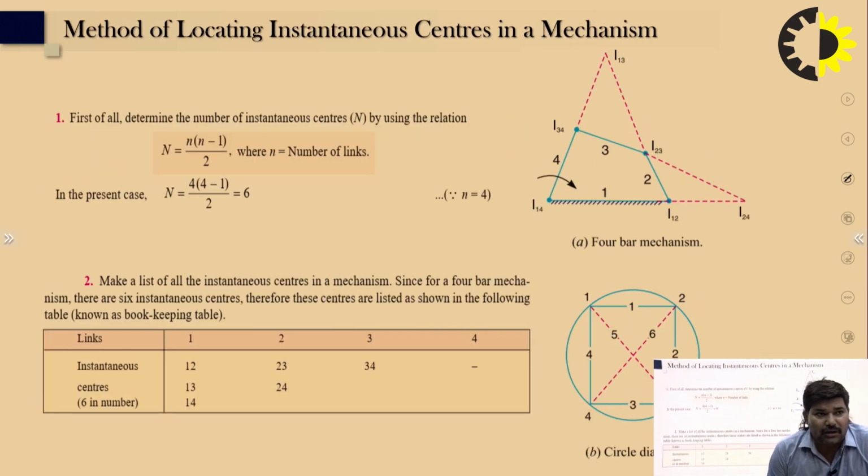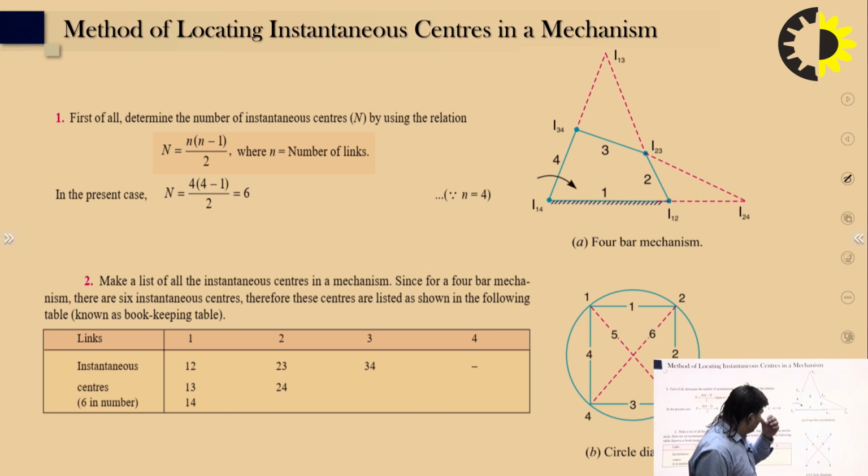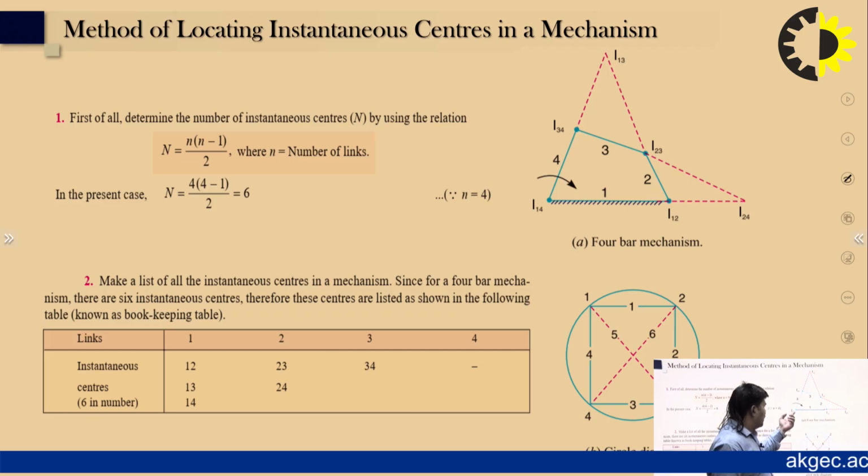First of all, if you find the straight line, I'll prove it here. You can see there are 4 linkages connected: I14, I12 and I24. So link number 1, link number 2 and link number 4. So there are 3 instantaneous centers.